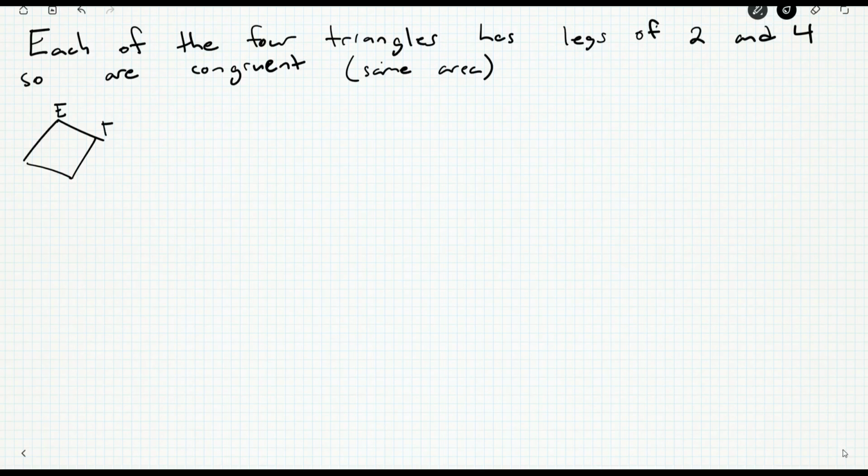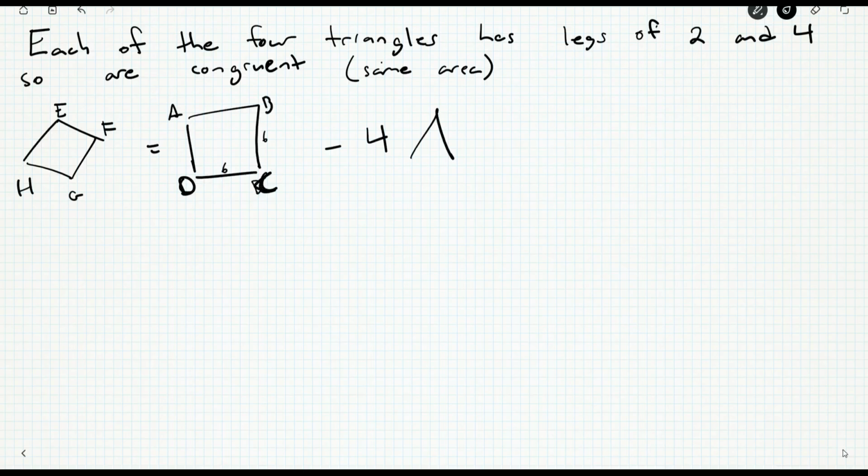So EFGH is big square ABCD. We might even put his side lengths in here. It was C here and then D. Minus 4 copies of this same triangle. Okay, not hard to do now. 6 squared minus 4 copies of base times height over 2.